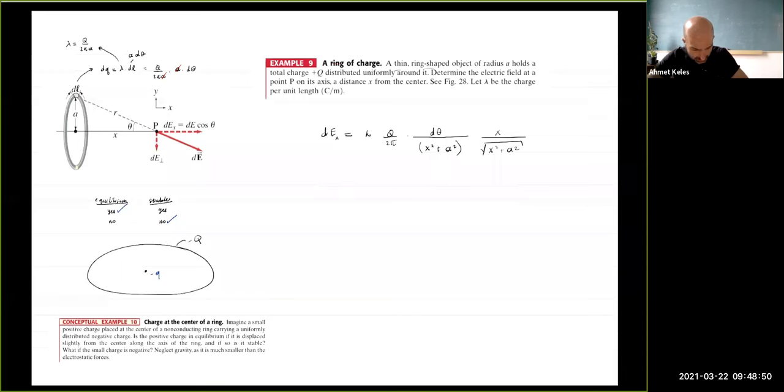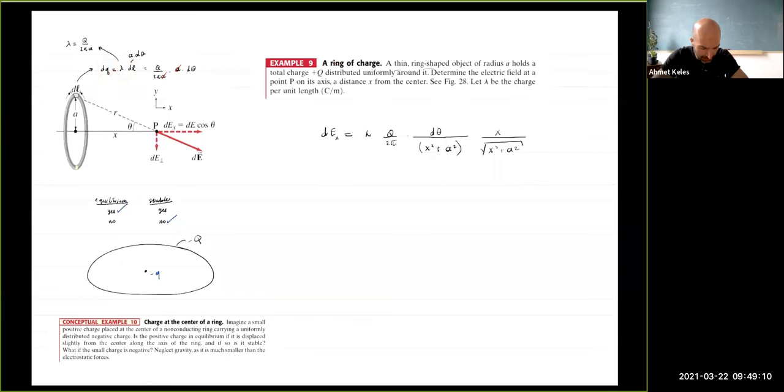The first part is writing E without thinking about vectors, just using Coulomb. My charge is dq, which is lambda times dl.